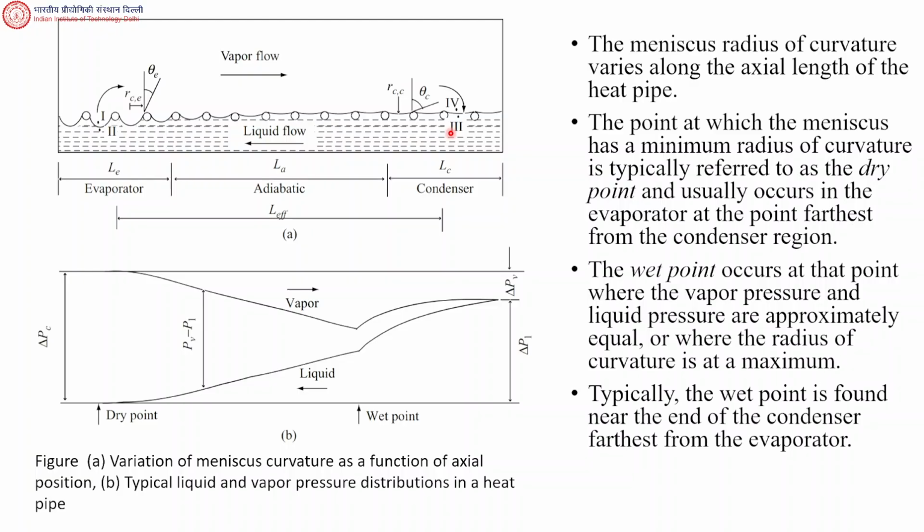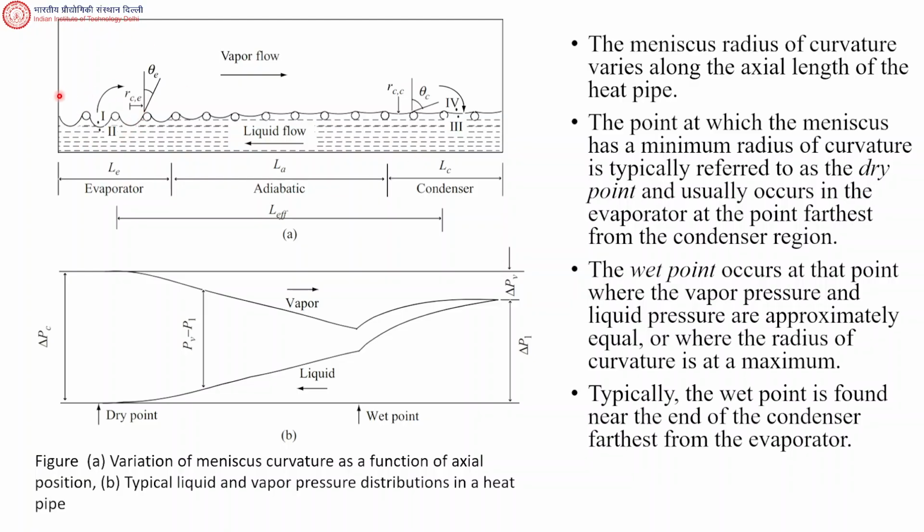And on the right hand side in the condenser, you will see that the surface has become more or less flat, somewhat flat. But in between also there is some variation in the meniscus radius of curvature. Now the point at which the meniscus has a minimum radius of curvature is the dry point.